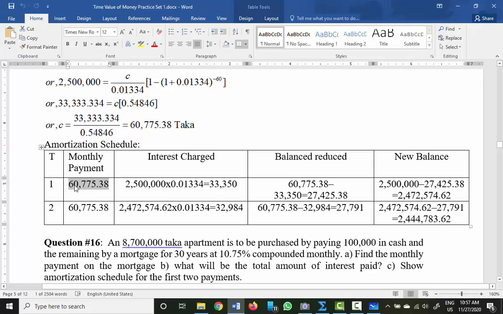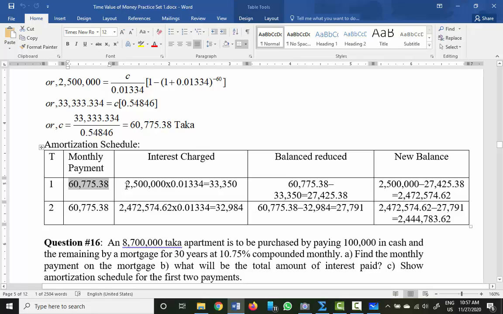So by the time you go to make your first payment of 60,775 taka at the end of the first month, 1 month is already over.